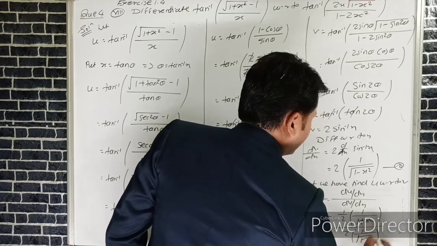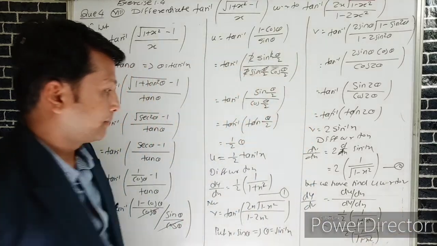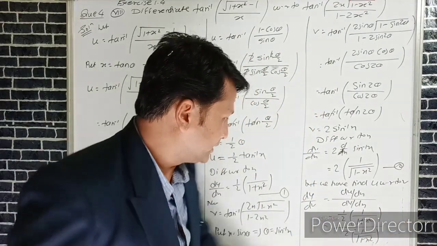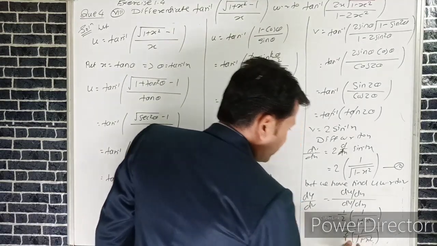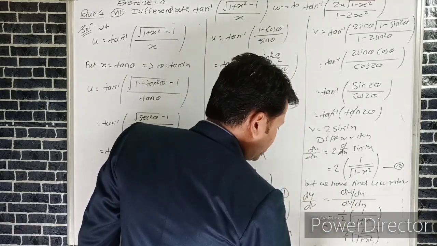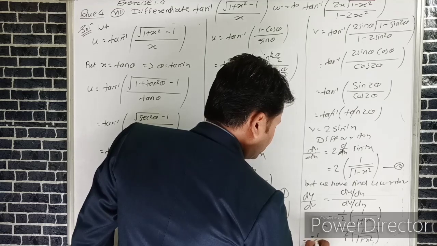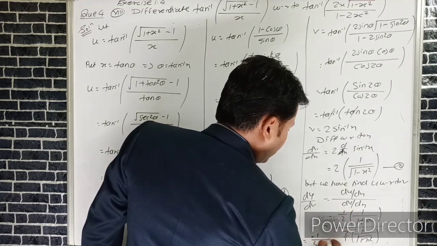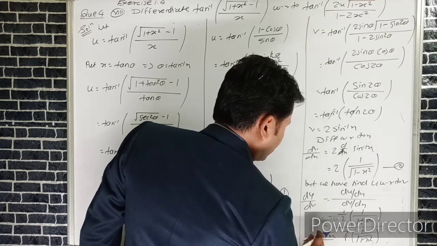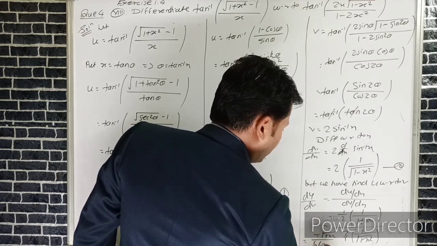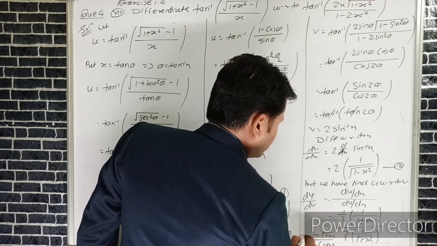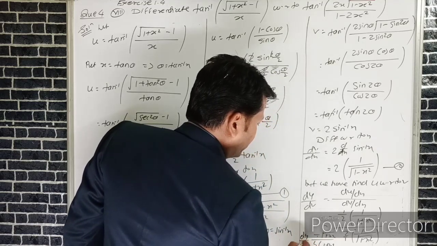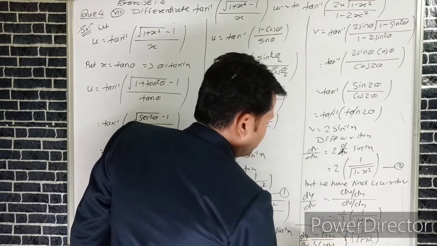Hence we can write it here. If we take this 2 by 1, which is 1 by 2 into 1 by 2, we can write it as 1 by 4. The expression under root of 1 minus x square upon 1 plus x square is the required derivative du upon dv.